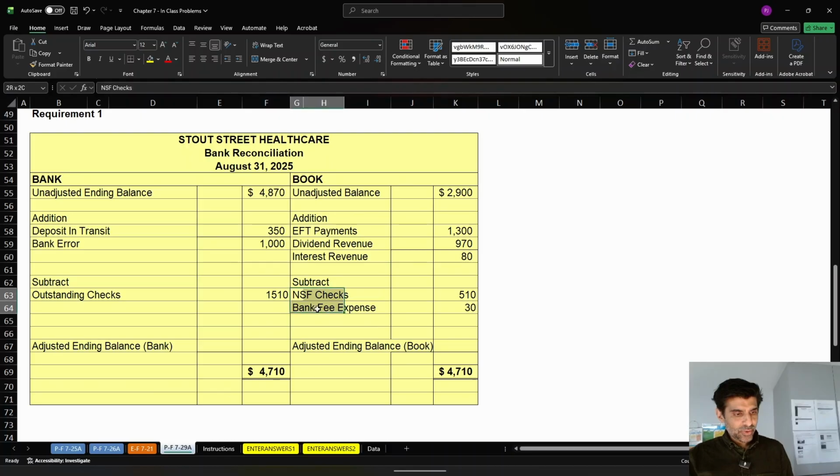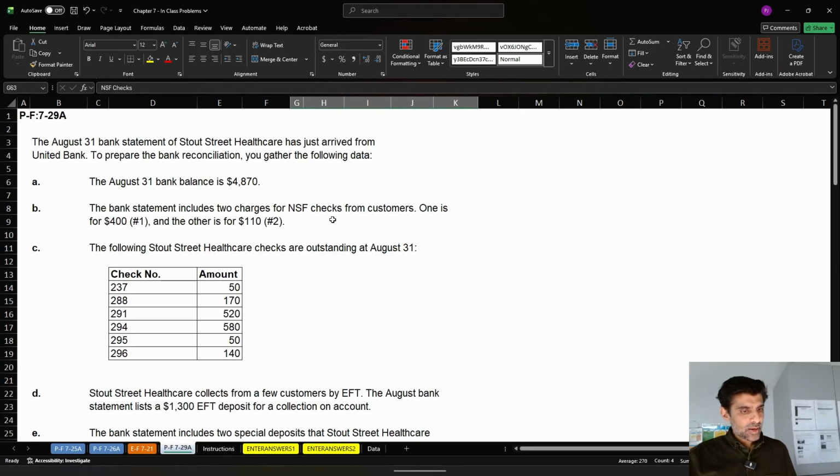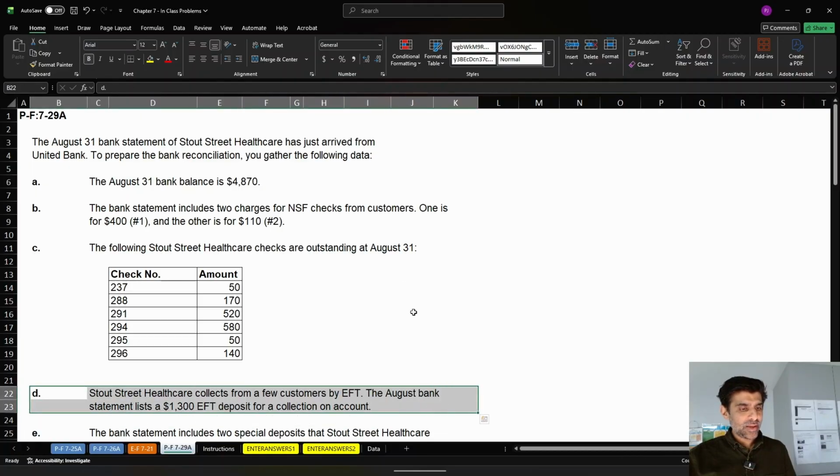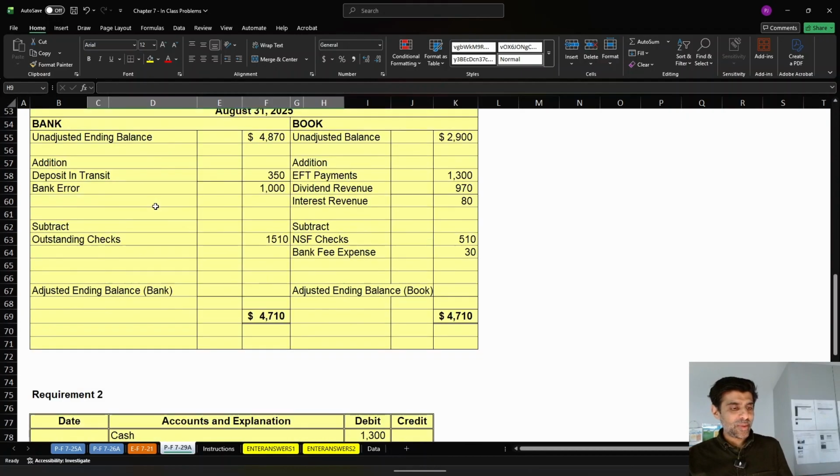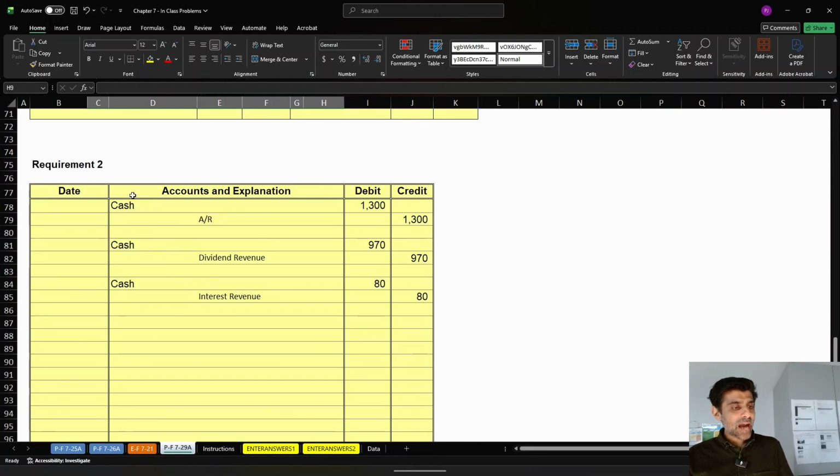Okay, and then these two NSF checks. So this was kind of the opposite of this EFT. In this case, two of my customers gave me checks to pay off accounts receivable, but they bounced. So I had actually done this journal entry when I first received the checks, but I have to basically undo that.